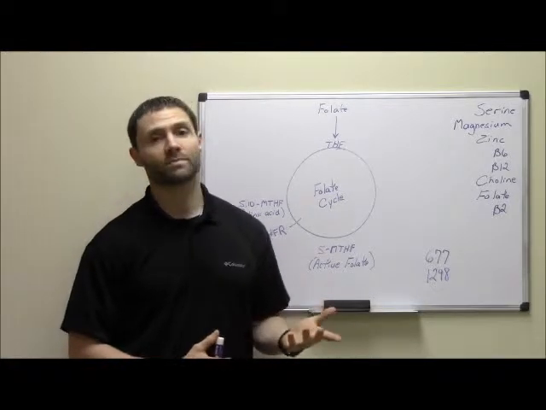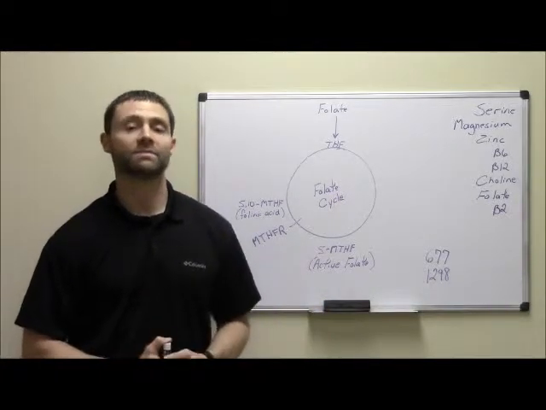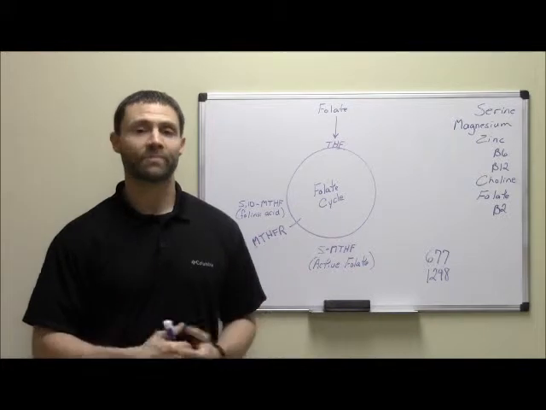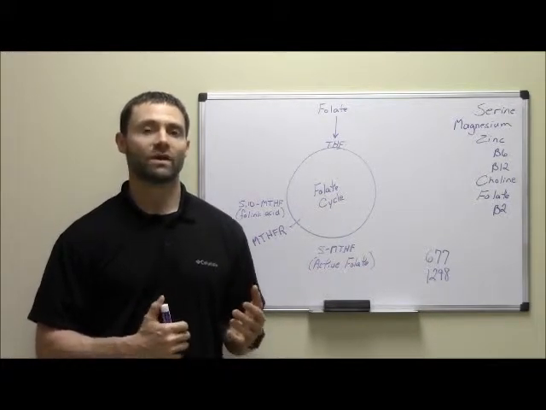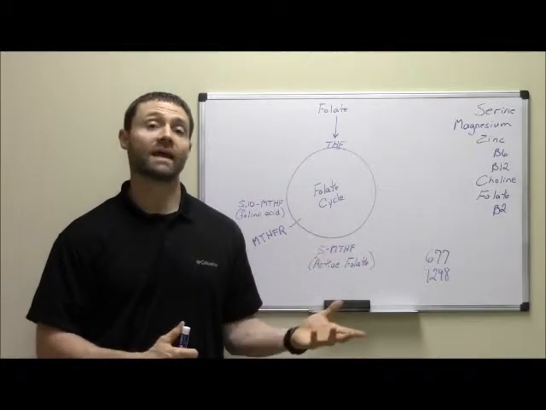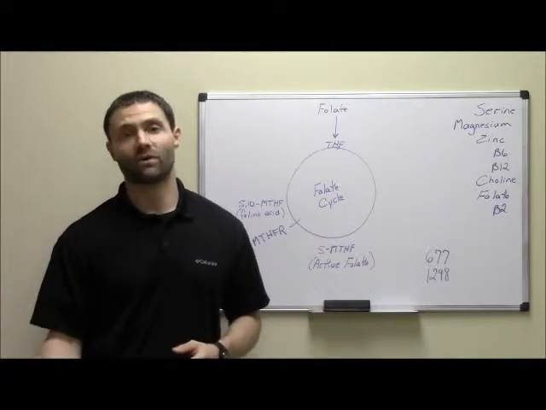So first of all, let me explain what MTHFR is. MTHFR is an enzyme, and it's most importantly known as the enzyme that's going to finalize the step from taking inactive folates over to active folates.